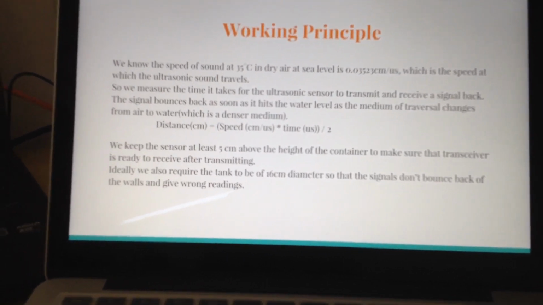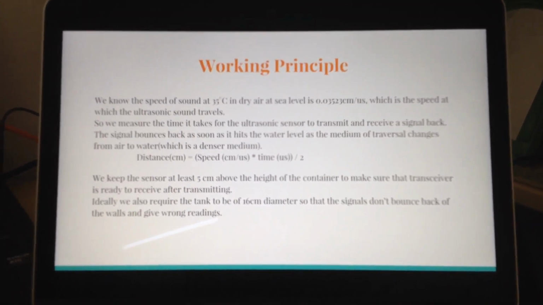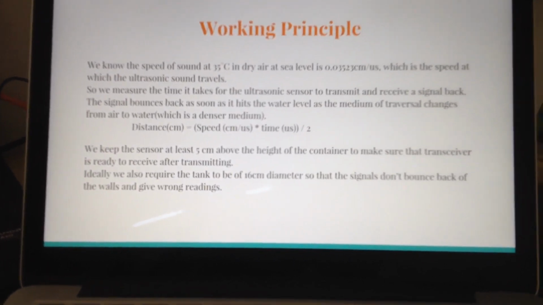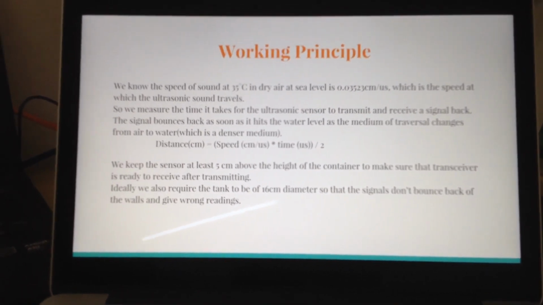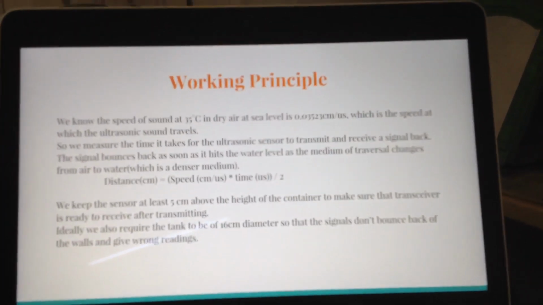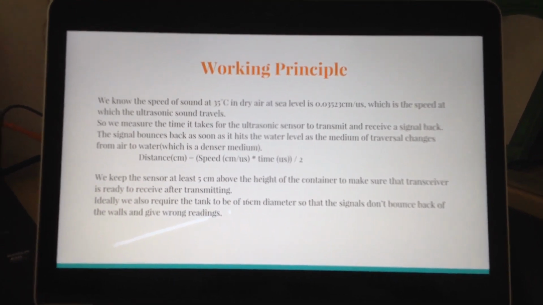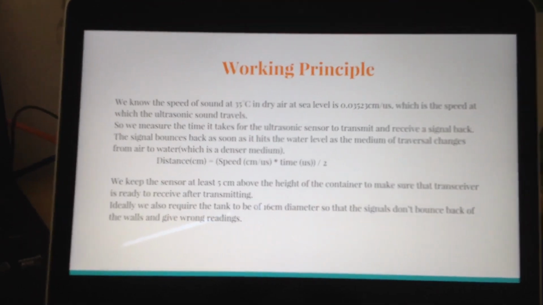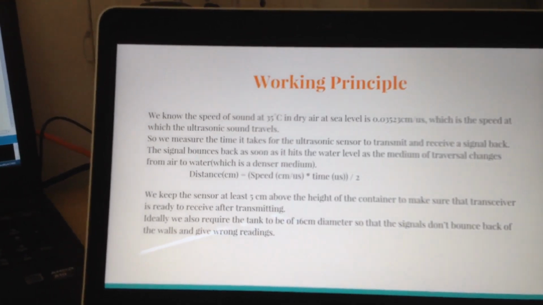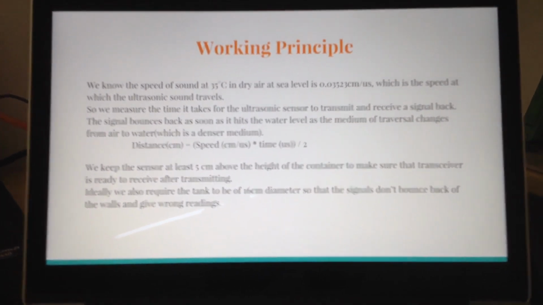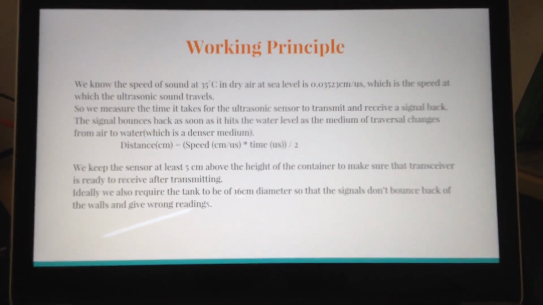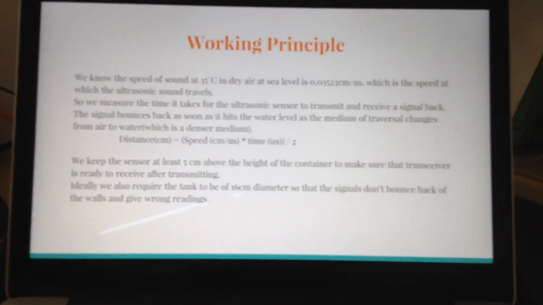So it is essentially a transceiver. So we measure the time interval which it takes for this process to happen, and since we know the speed of sound, we are able to calculate the water level, and we have written code to ensure that if the water level falls below a certain ideal level, then we trigger a call using the GSM.